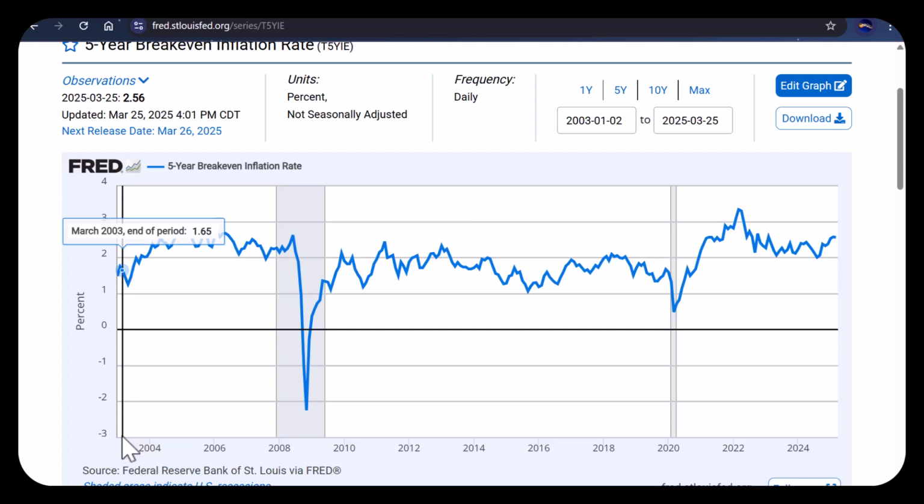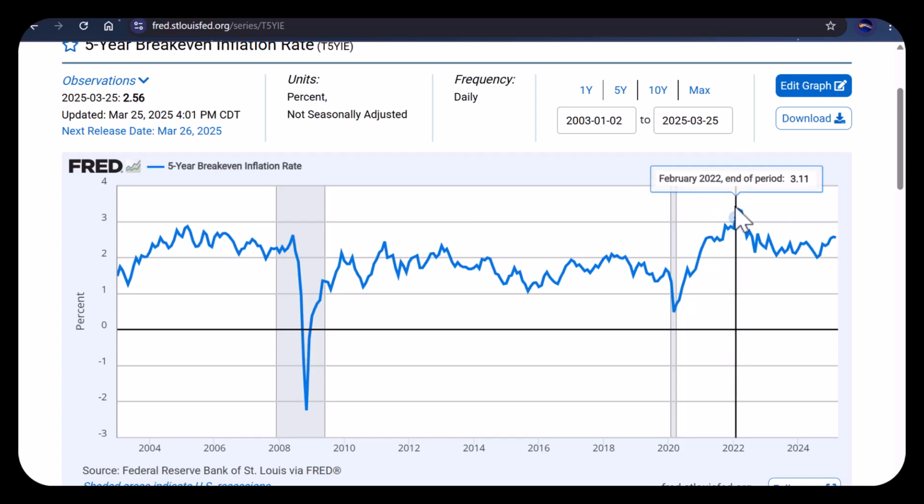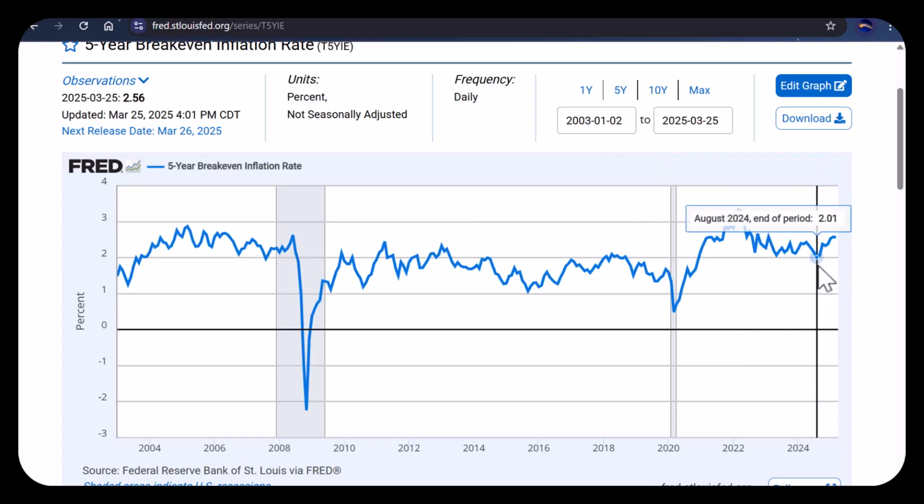Similar stuff happened in COVID times. It didn't go negative, but it went as low as 0.5%. And inflation was very low those days. This is 5-year average inflation. I'm not talking about 1 year. Right now, it was 2%, pretty much at the end of last year.